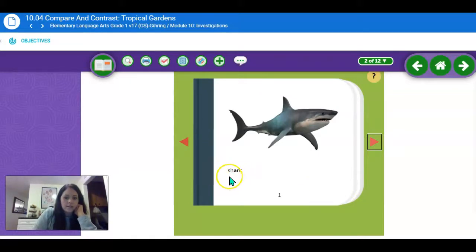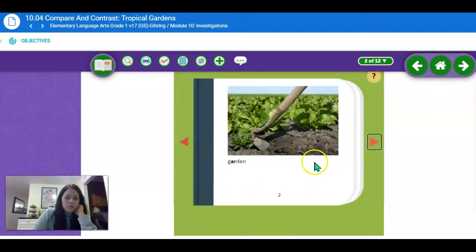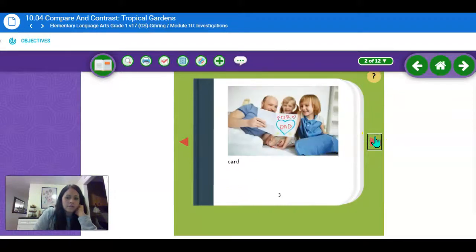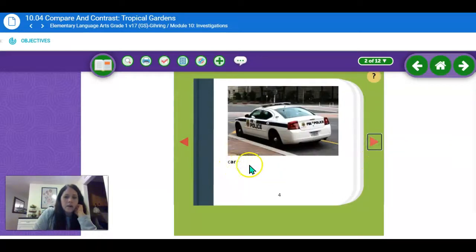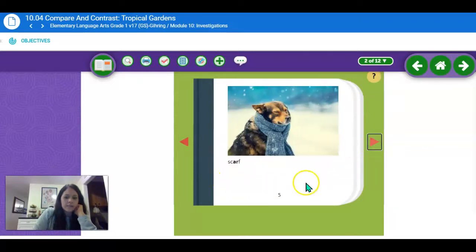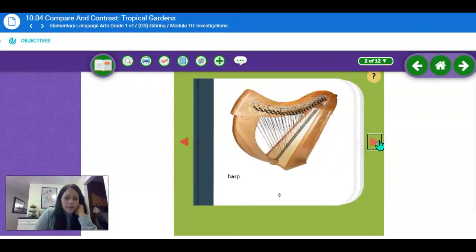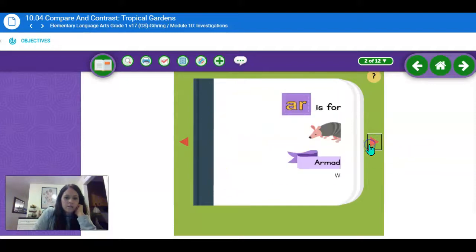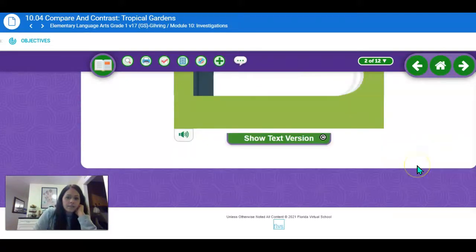Do you see the AR? R, shark. Ooh, garden. R, card. You see that AR? Car also has AR. Scarf. You hear that R, almost like a pirate. Harp. R. Good.